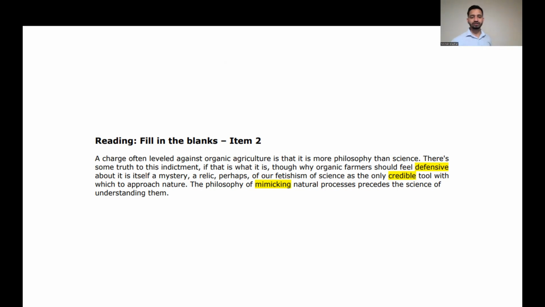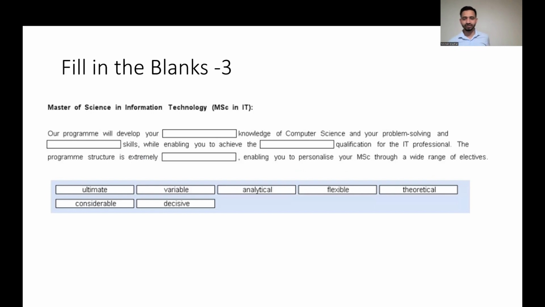Okay, we'll move on to item number 3 here, and this one is somewhat easy because I guess not most, but a lot of you might be studying Masters of Science in Information Technology. I think it's a very commonly studied course in Australia or any other country in the world, MSc in IT or Masters of IT.